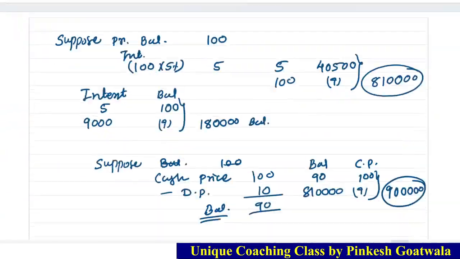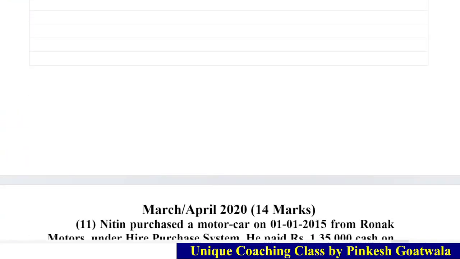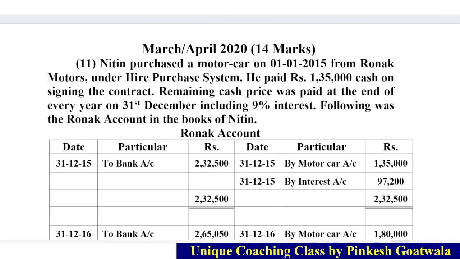Now let's see one more sum. Okay, it was asked in March April 2020 for 14 marks. Here also they didn't give installment, but they give account, Ronak accounts. Okay, the same point but in a somewhat different way. So let's see that.